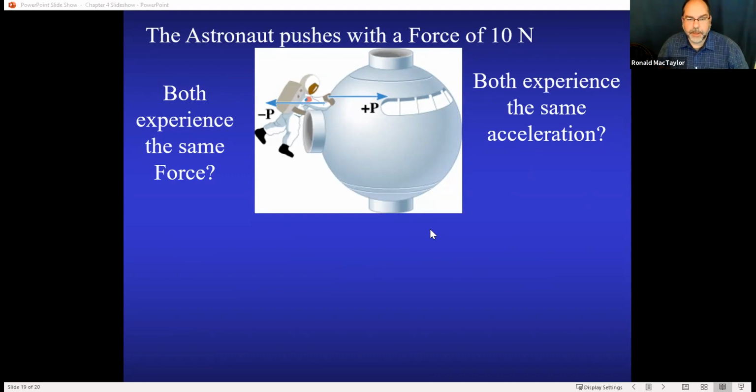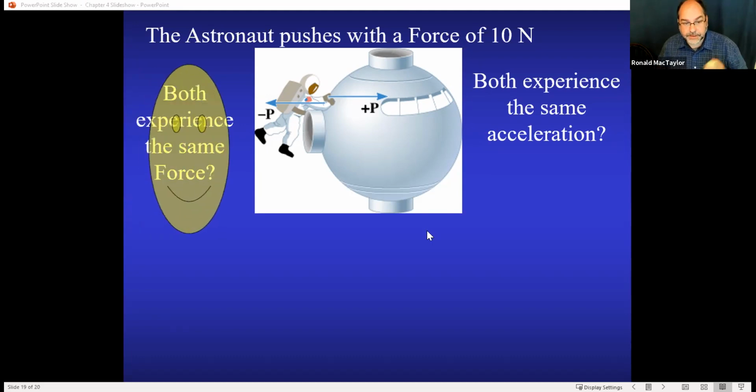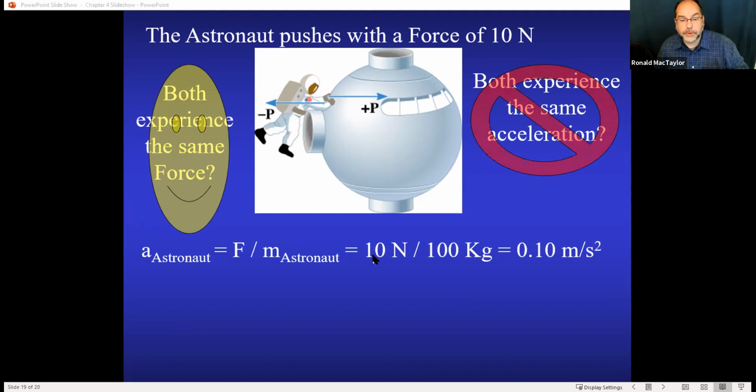This astronaut maybe has a mass that is at least an order of magnitude smaller than the space station. So the force is the same. If the astronaut pushes with a force of 10 newtons, then the space station pushes back on the astronaut with a force of 10 newtons.